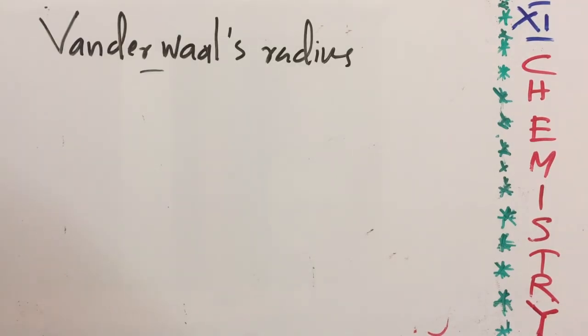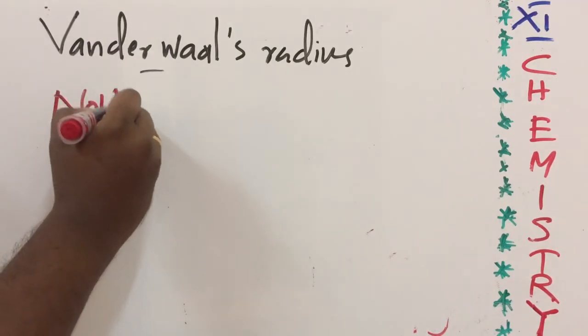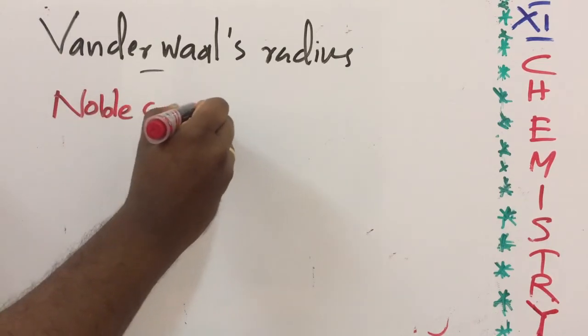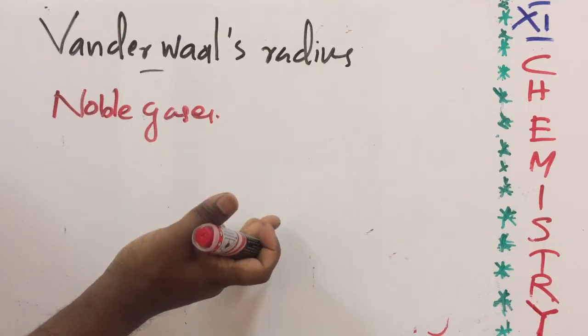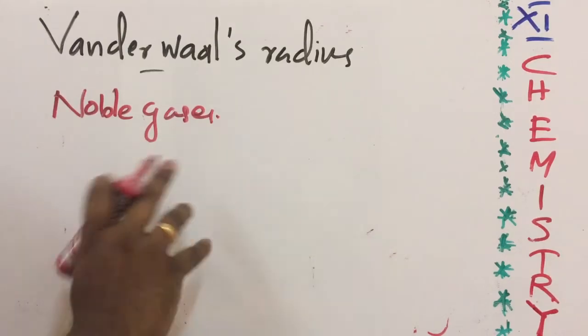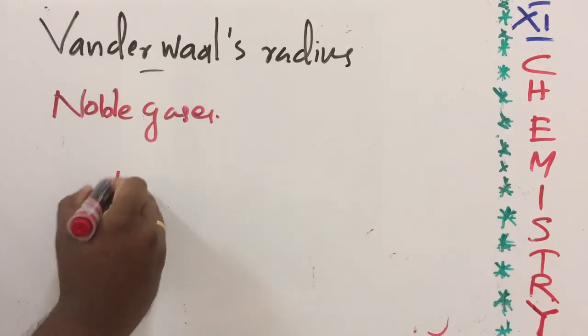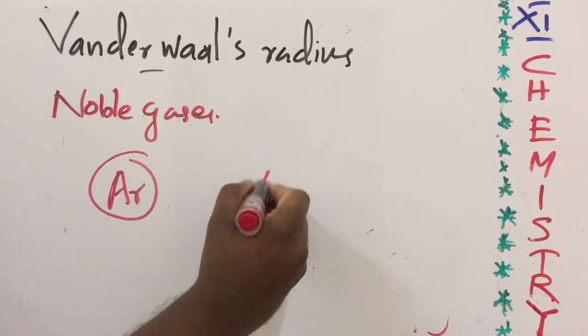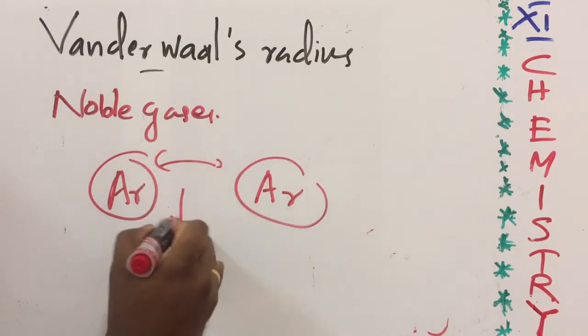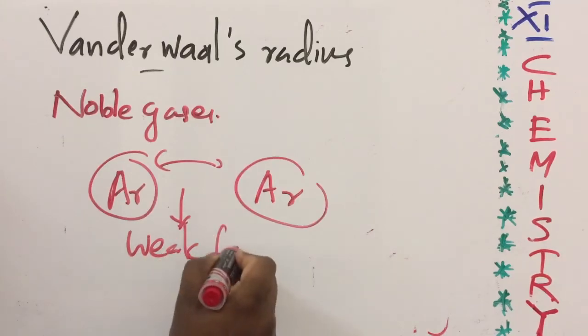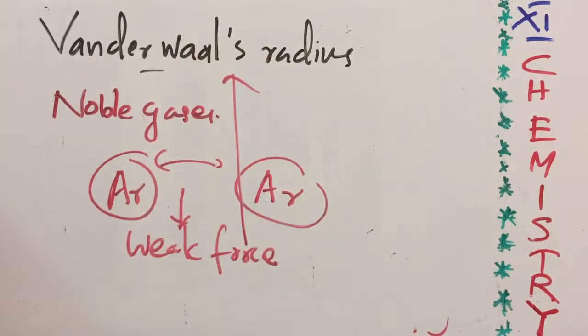The next type of atomic radius is van der Waals radius. Van der Waals radius is especially used for noble gases, because we know that noble gases will not form covalent or metallic bonds; they are inert. And how are these noble gases connected? For example, one atom of argon is connected to a second argon atom through a weak force called van der Waals force.